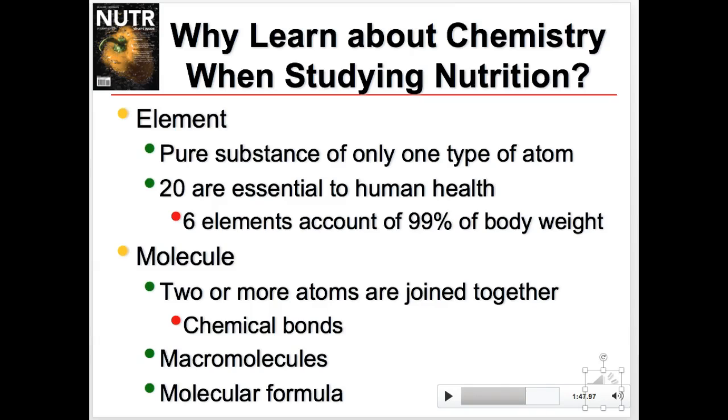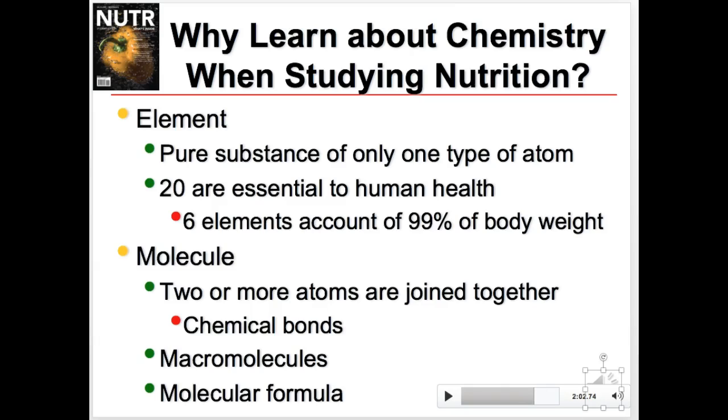Now, it's interesting to note that any large complex molecule, you're only going to find those in plants and animals. We have a molecular formula for molecules, and that's a chemical formula that shows the total number and kinds of atoms in a molecule.